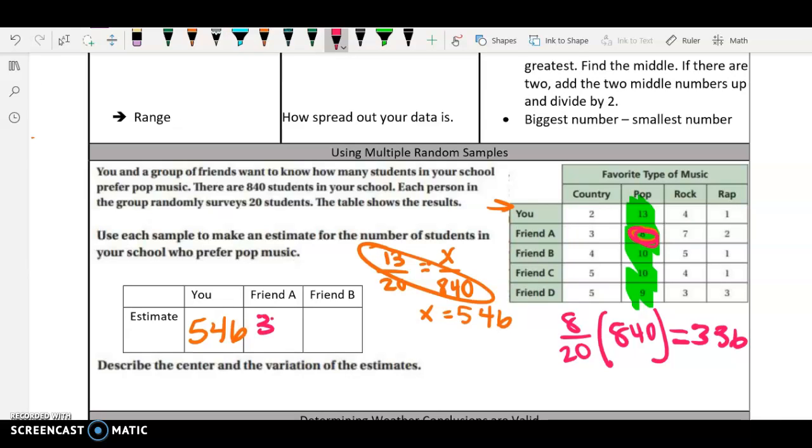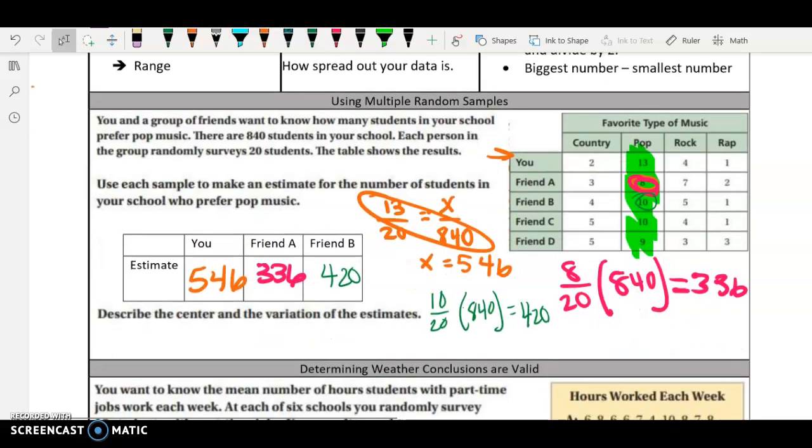So they estimate 336 people. And I want you to do friend B on your own, and then you're going to check your answer with mine. Friend B had 10 people out of 20 people that they asked that liked pop music. So 10 divided by 20 is 0.5, and then 0.5 times 840 gave me 420 people in the school.